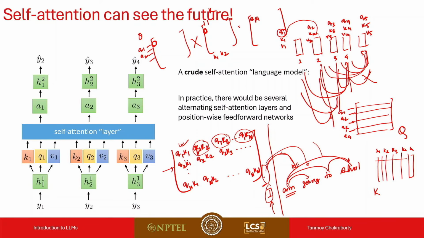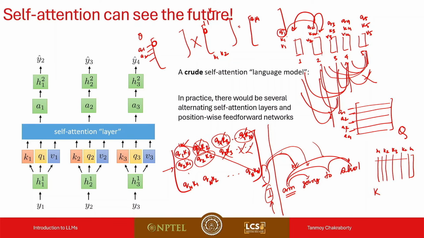Look at this part: Q2·K1, yes, Q2 can attend to K1. Q2 can also attend to K2. So this is allowed, but the rest are not allowed. If you think of it carefully, essentially you are dissecting the matrix diagonal wise, and the upper part of the diagonal elements are not allowed, and the lower part of the diagonal is allowed.